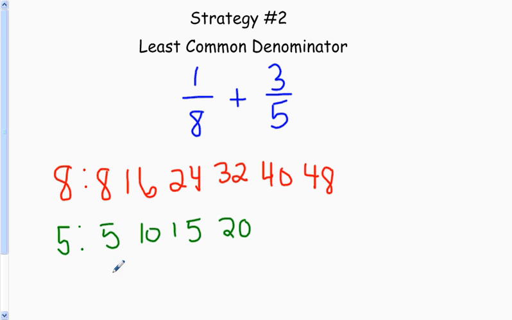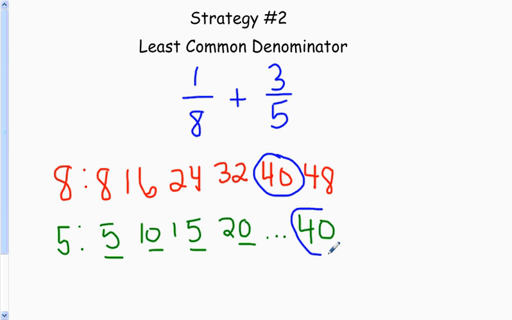You should be noticing right away that each of these numbers ends in either a 5 or a 0. So if I continue that pattern eventually, I'm going to say 40. I'm going to go ahead and jump to 40, which is our least common multiple and will become our new denominator.